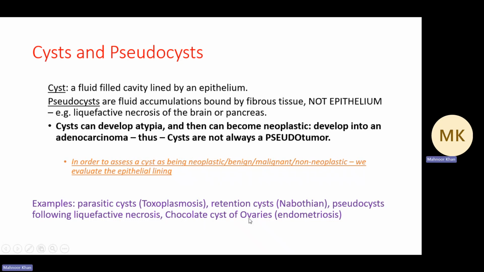We can talk about chocolate cysts of the ovaries due to endometriosis. Then pseudocysts in the brain and pancreas due to liquefactive necrosis. These are very strong examples, which if you mention in the exam, will make your answer strong.